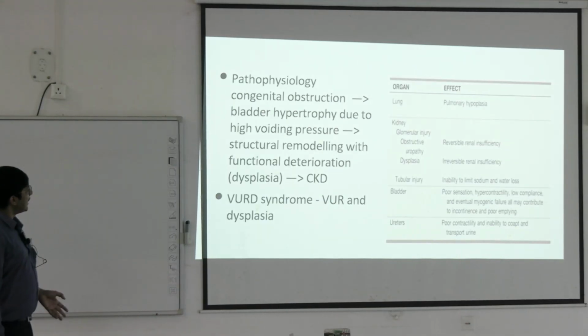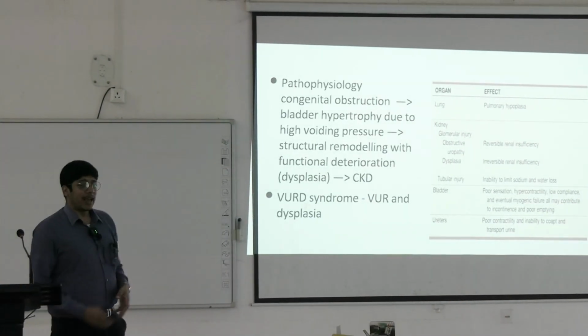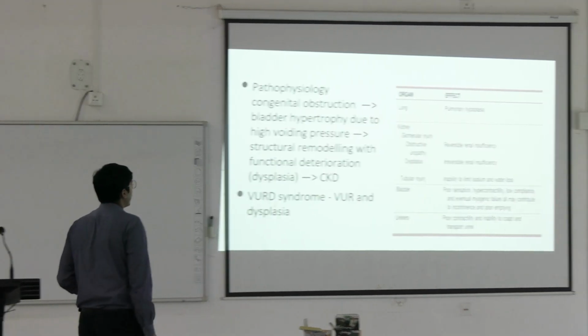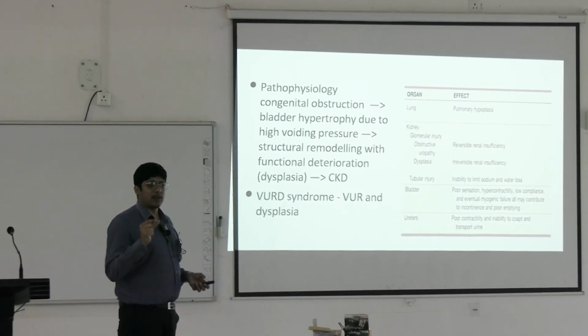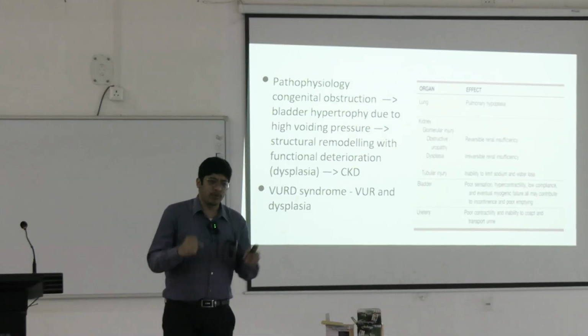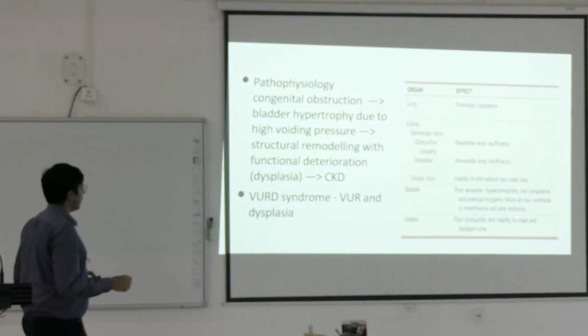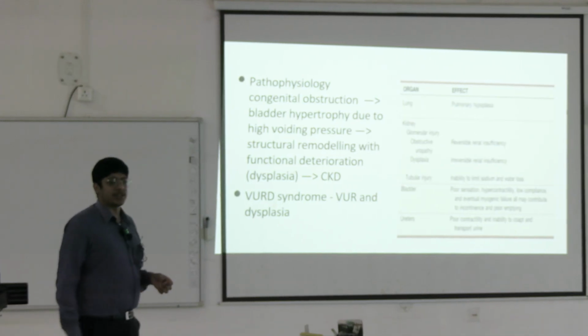So what happens? There is congenital obstruction, and because of this obstruction, there is severe hypertrophy of the bladder wall. The bladder muscle is trying to overcome this obstruction, and it has become very muscular and hypertrophied with very high voiding pressures.